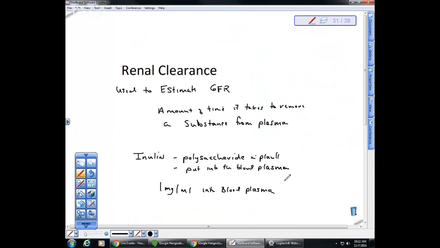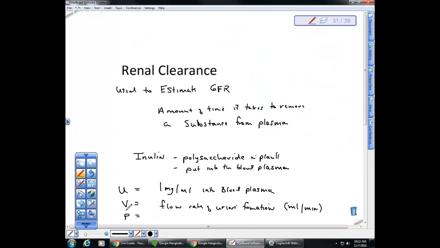U is the concentration, V is the flow rate of urine formation, there's a formula here that I'll show you in a minute, which is in milliliters per minute, generally. And then we get P, which is the concentration of the substance.